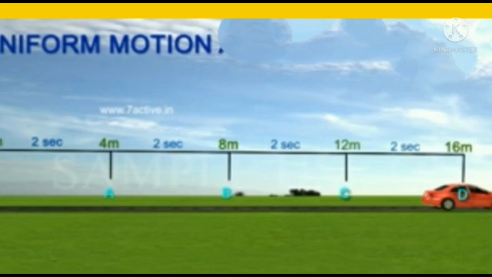And in the last 2 seconds, from 12 meters to 16 meters. Here, the velocity of the car is constant. So, for each time interval, the car traveled equal distances.